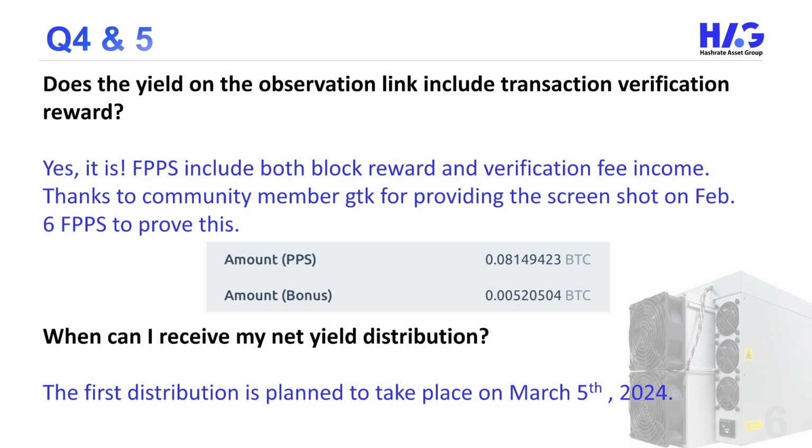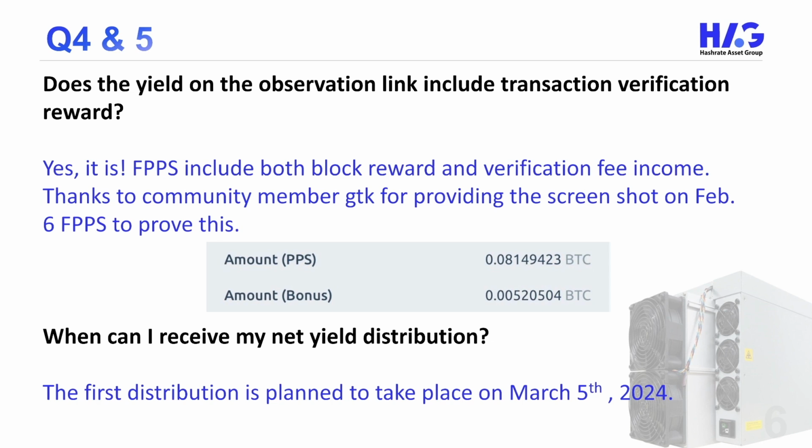And by the way, shout out to our community member GTK for providing a screenshot on February 6th. If you check out the gross yield on February 6th, it is about 0.0866 BTC. And if you click and check out the detail, you will see the PPS is about 0.0814 BTC.